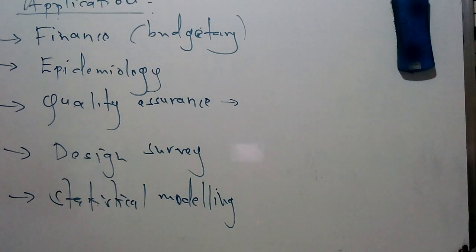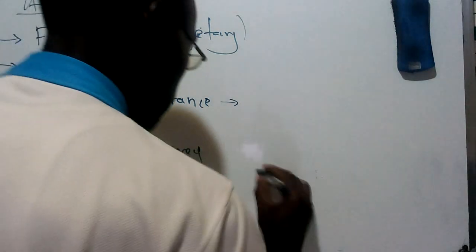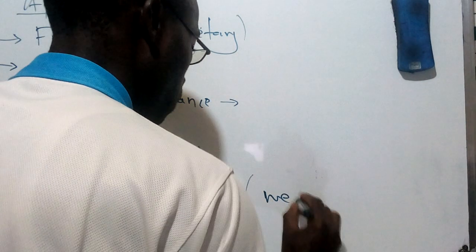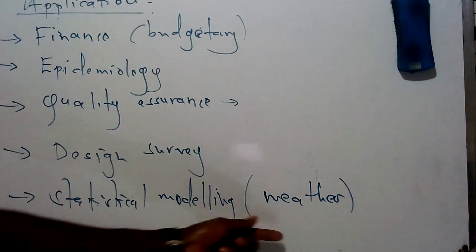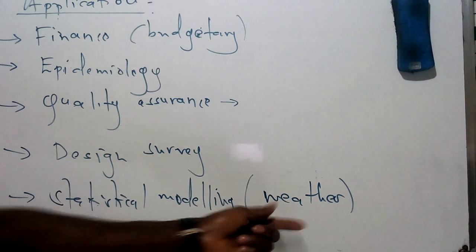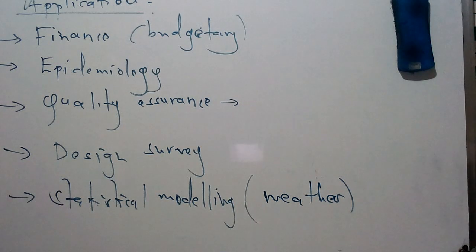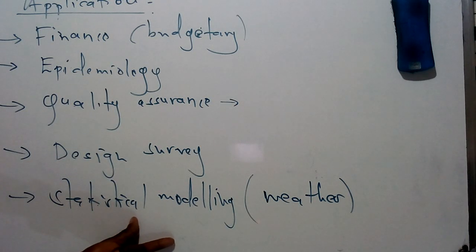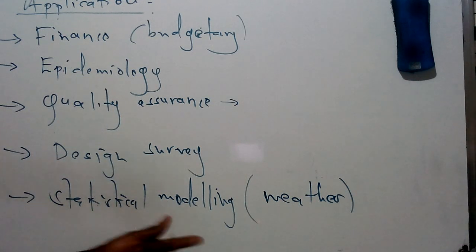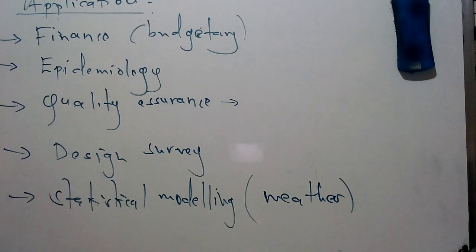These are going to assist in coming up with methods of trying to monitor some aspects like the weather, which is very essential for us, especially in cultural practices and other areas that we're going to see. So the concept of statistics is very essential in coming up with statistical modeling, and this is going to assist us in coming up with ways of predicting the weather, which I've given.